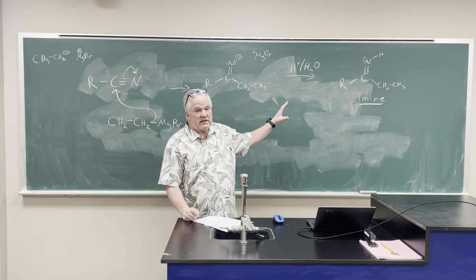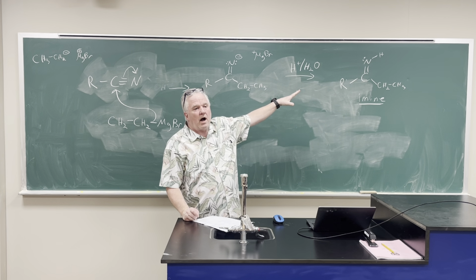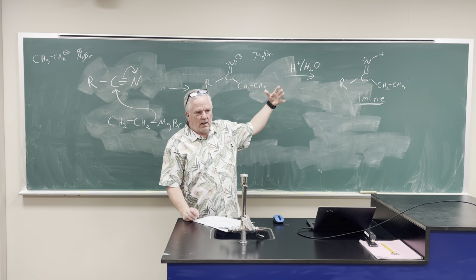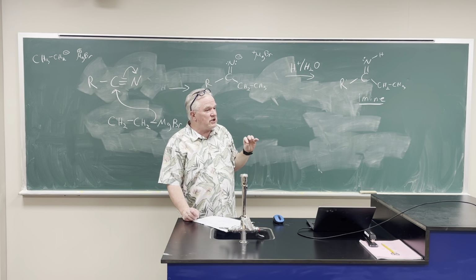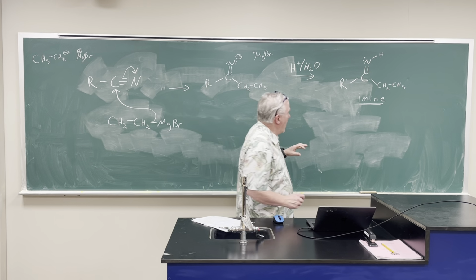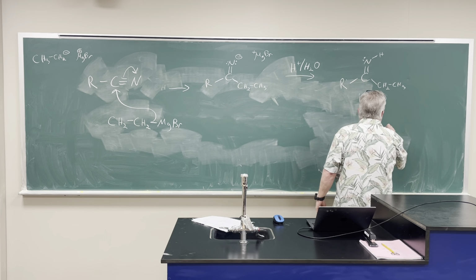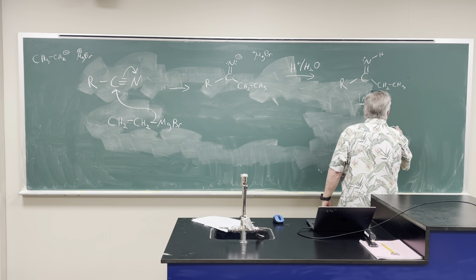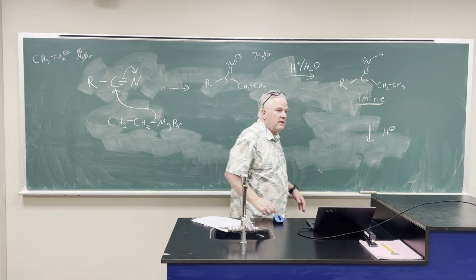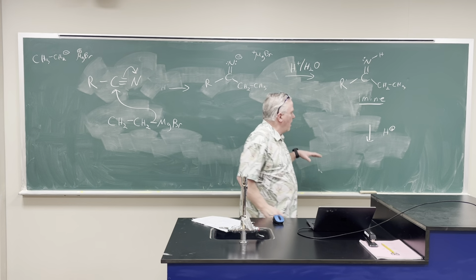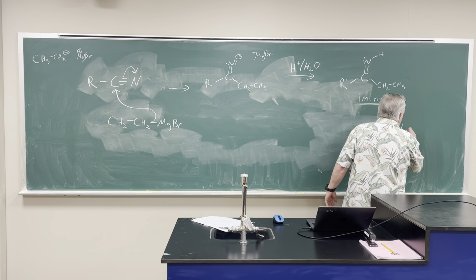This is the simplest of imines because we don't have an R group on the nitrogen, we just have another proton on it. But it should hydrolyze just as easily as imines do. And we have a bunch of acid and a bunch of water, okay? And what do we do when we see a proton?